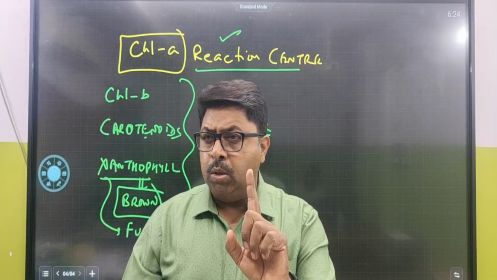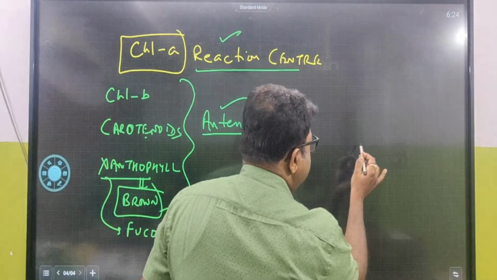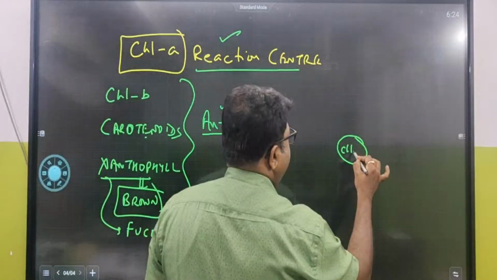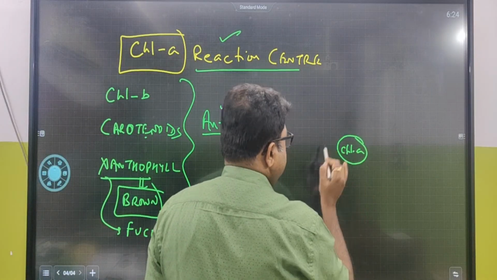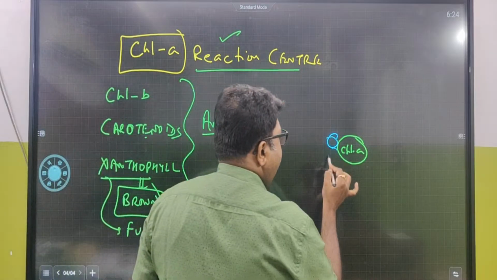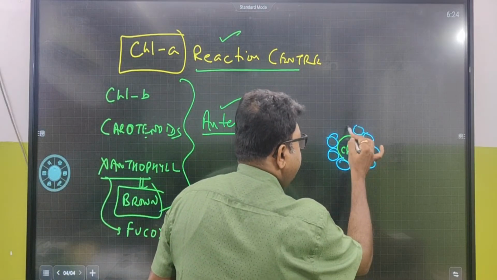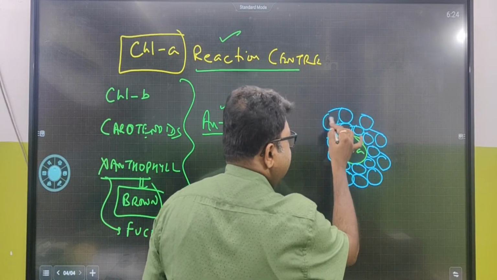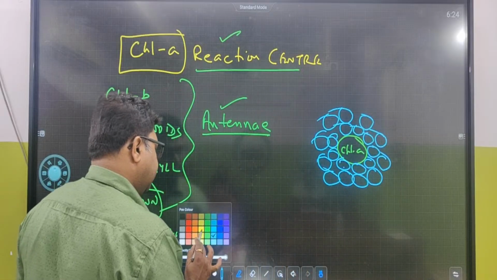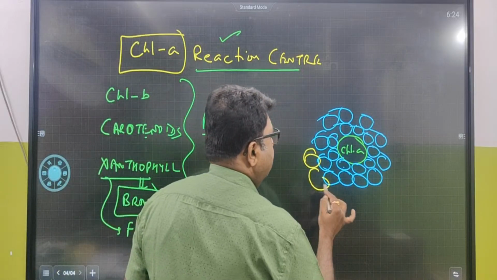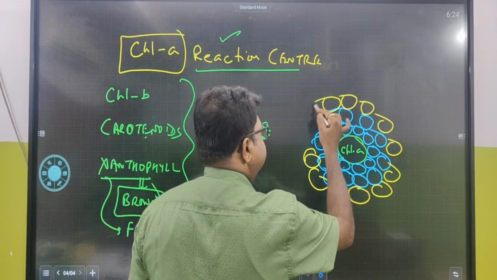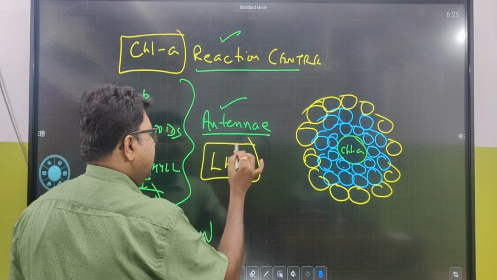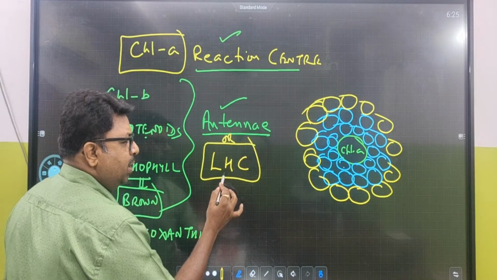Think of the reaction center as the main sentry, chlorophyll A. Who is next to it? Chlorophyll B, carotenoids, and xanthophylls. Got the point? All of them together, especially these antenna, make the LHC.